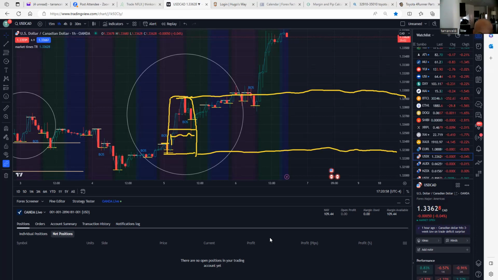Yeah. Because most times you don't have to get the absolute best price. You don't have to get the absolute low of the range to make money in it, but the bigger the range, the easier it is for us to trade it overall.